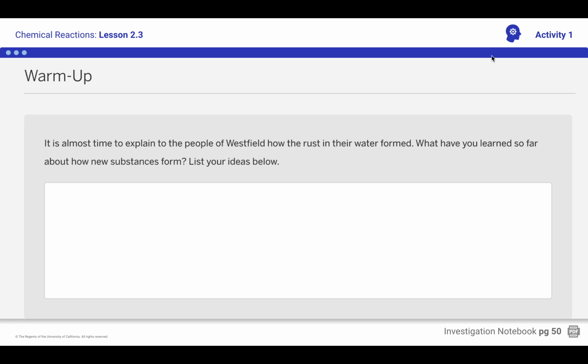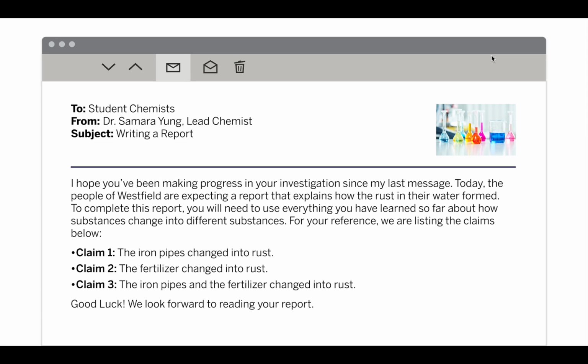Okay, let's move on to activity number 2. In activity number 2, we are going to test those claims again. We got an email from Dr. Yoon. She says, I hope you've been making progress in your investigation since my last message. Today, the people of Westfield are expecting a report that explains how the rust in their water formed. To complete this report, you will need to use everything you have learned so far about how substances change into different substances. For your reference, we are listing the claims below.